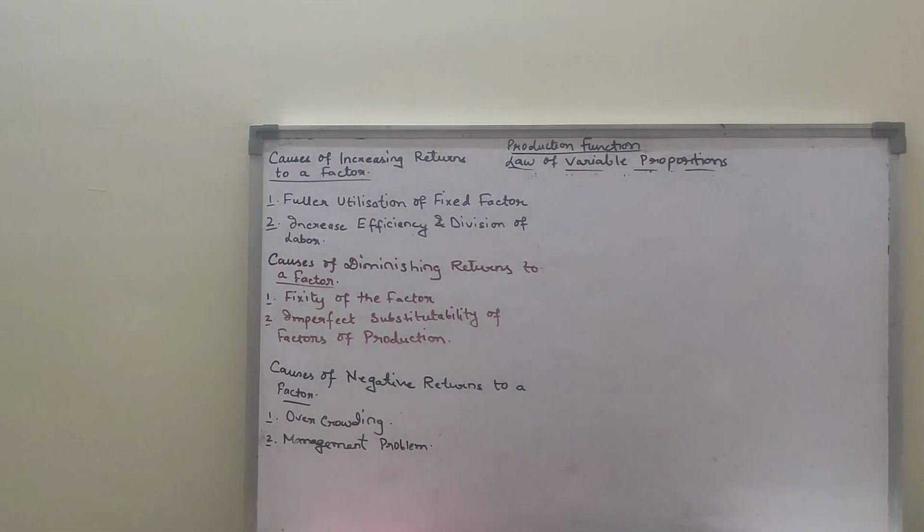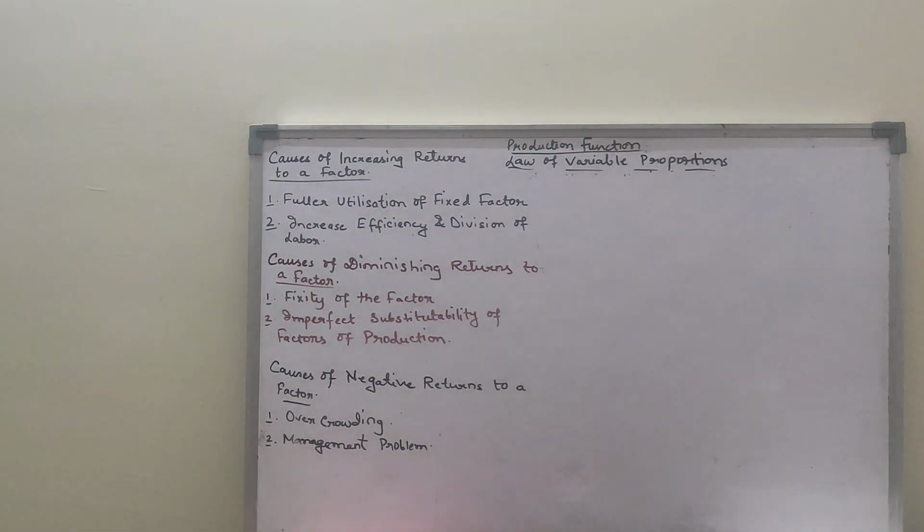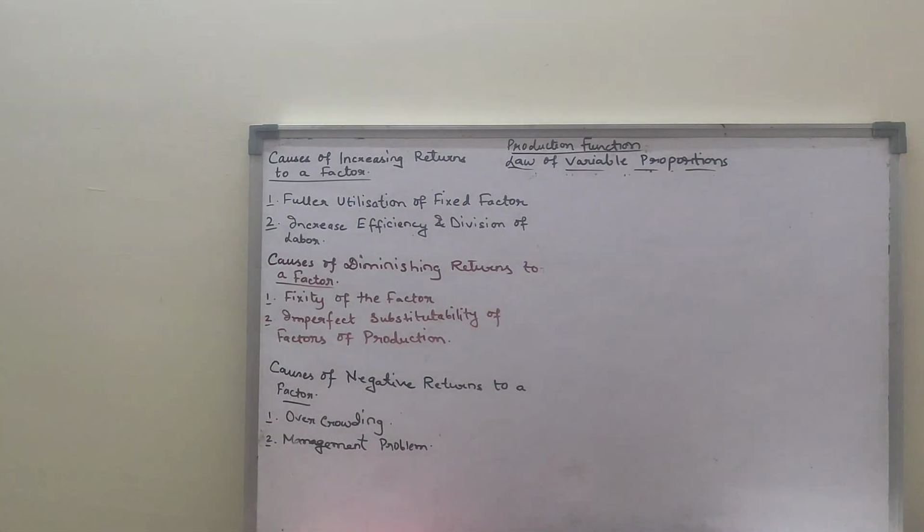More and more labor cannot be employed in place of additional capital. Clear, children? Diminishing returns will operate when we cannot substitute labor for capital. There is a limit to which they can be substituted for one another. So labor cannot be substituted with capital. Clear?